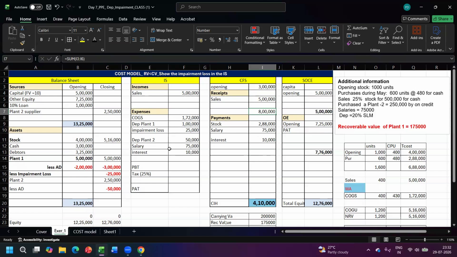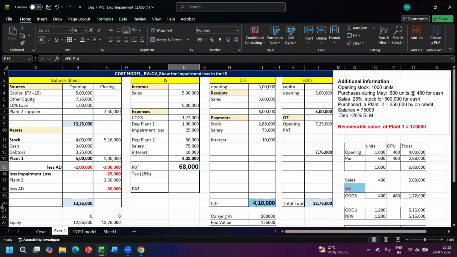Once we have all the expenses, COGS, depreciation on plant 1, impairment on plant 1, depreciation on plant 2, salary and interest, we'll calculate the expenses. Income minus expenses will give us the profit before tax.